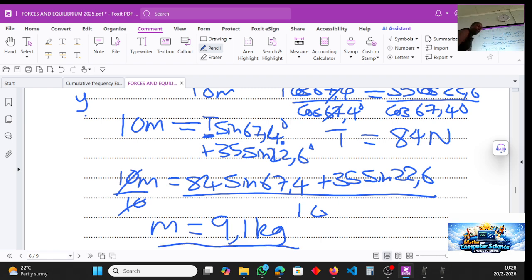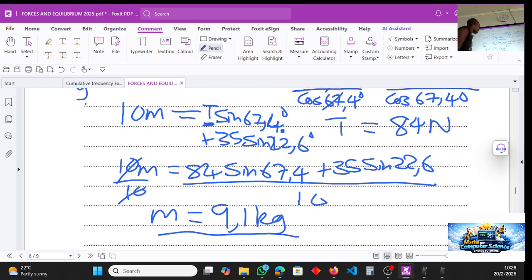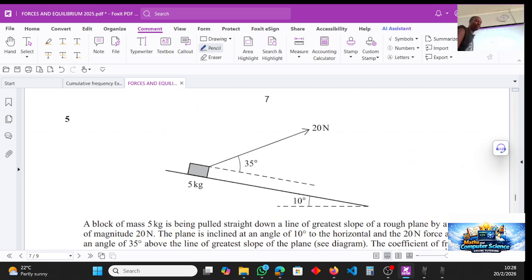So that's the value of T and m on that problem.